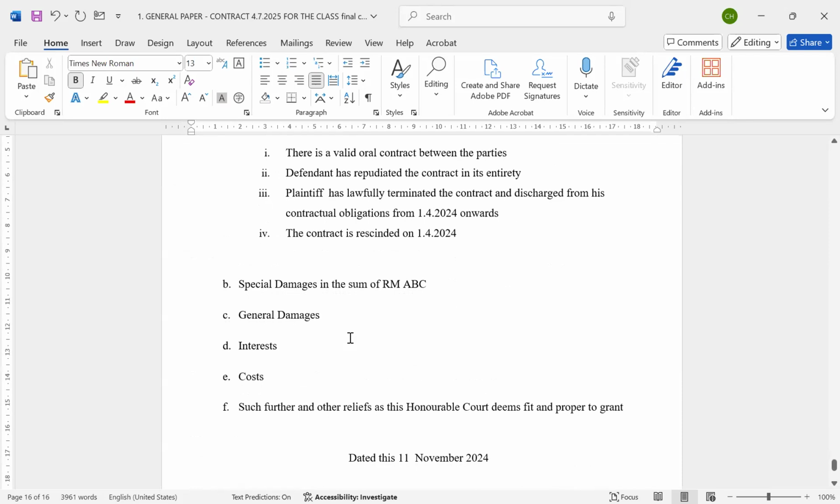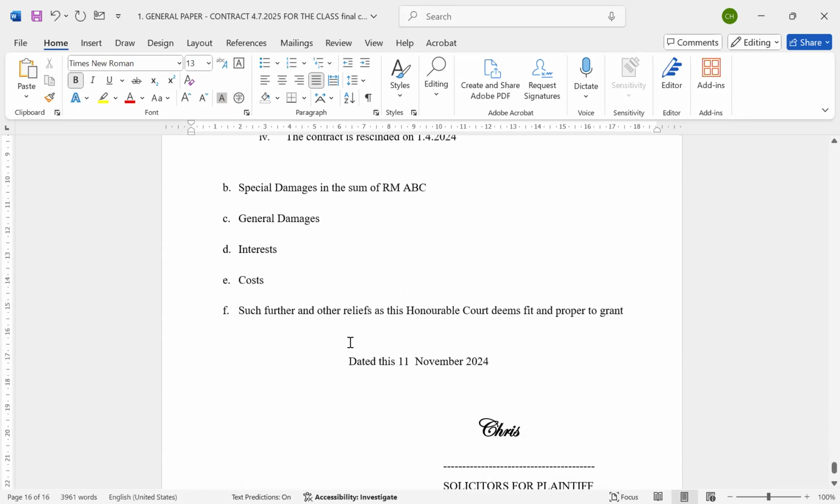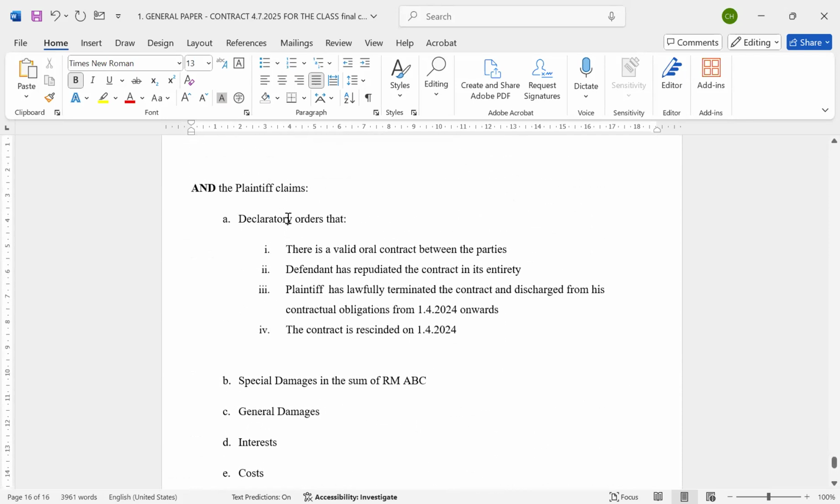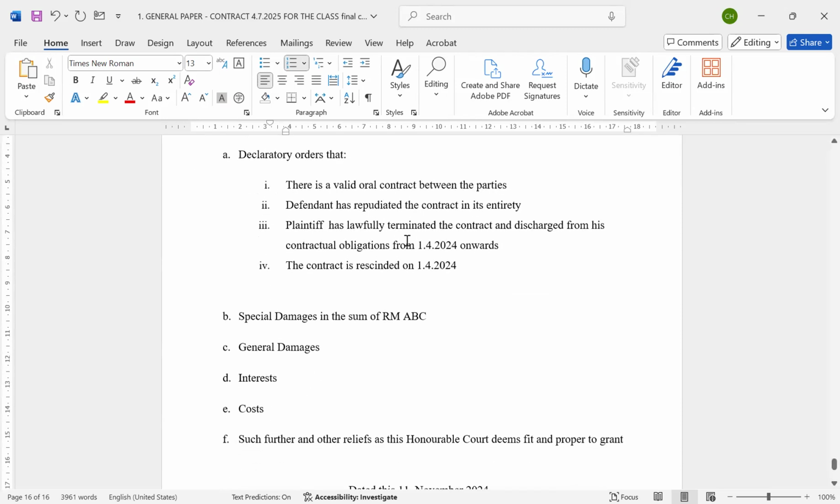So these are the remedies that you have already discussed. Declaratory orders: the contract is valid, defendant breached materially, plaintiff lawfully terminated and no need to perform his contractual obligations, and the contract sudah terbatal pada 1st of April 2024.